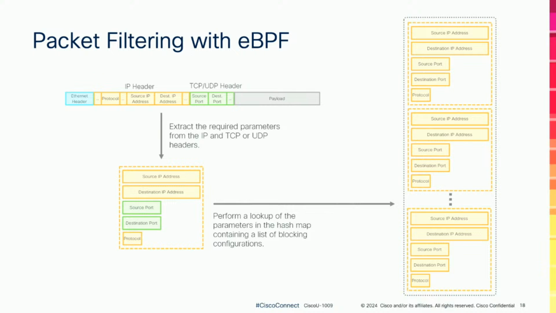So we're going to store this in memory, and when we see packets come in, we're going to perform a lookup. It's going to extract the necessary pieces of data from that packet, look it up, and if any of that matches what we have in this hash map, this eBPF map, we're going to discard those packets. So there'll be no communication available between those two devices.